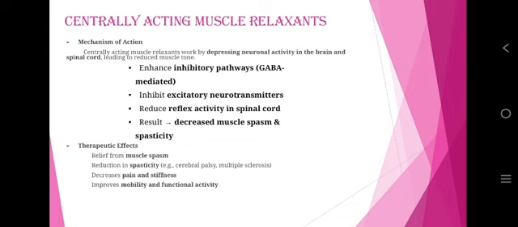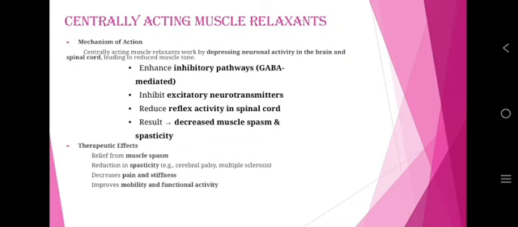How do they work? They enhance the inhibitory pathway, that is GABA mediated. GABA means gamma amino butyric acid, which leads to the inhibition of excitatory neurotransmitters, and this action reduces the reflex activity in the spinal cord, leading to decreased muscle spasm and spasticity.